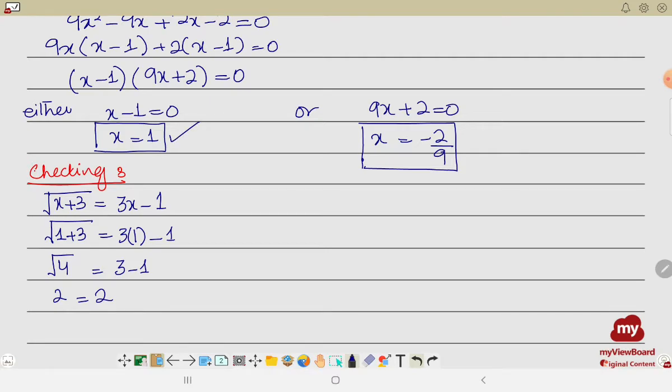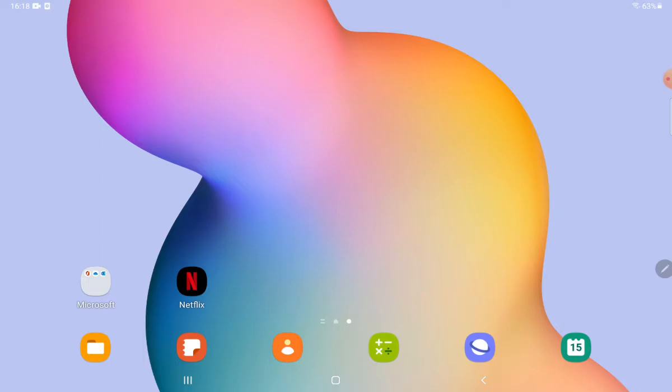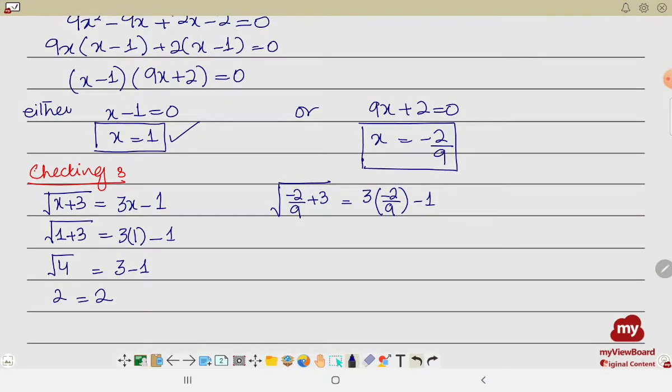Let's solve it for the value of x equal to minus 2 by 9. Now I'm inserting the values directly because the equation is already written there. So square root of minus 2 by 9 plus 3 equals 3 times minus 2 by 9 minus 1. This is the equation. Now let's solve it.